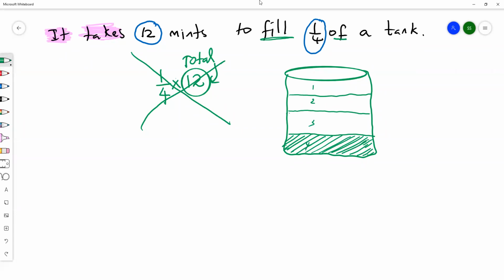To fill one part, one part out of 1/4, it takes 12 minutes. That is the question given here. Am I correct? To fill one part, it takes 12 minutes.